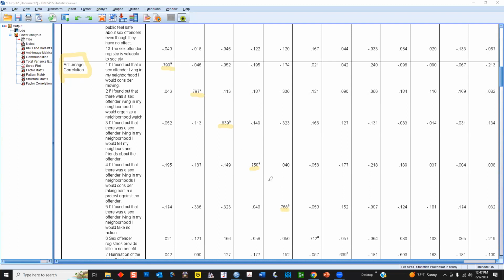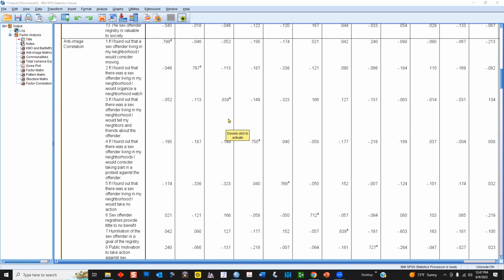So that just tells you that the items appear to be functioning well. Again, it's nothing special, but if you have a bad item, an item that's just filled with noise, and by noise, I mean people are responding randomly because the wording of the question itself is ambiguous or confusing, then you might be able to see it here with a very low KMO score along the diagonal.